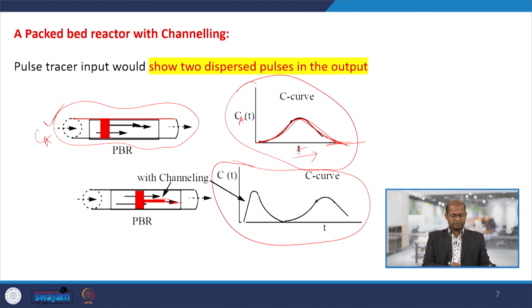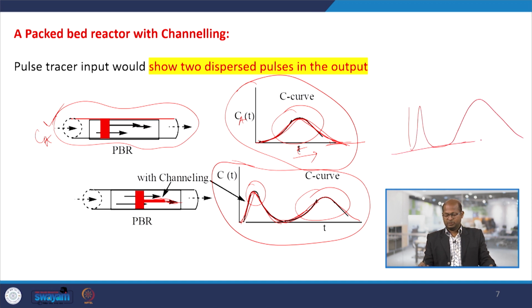Similarly, if channeling is there, suddenly a few molecules will come out, then it again reaches zero or down, and then rises again. This is natural and also expected. But this type of bump, or maybe a different type, is due to channeling.